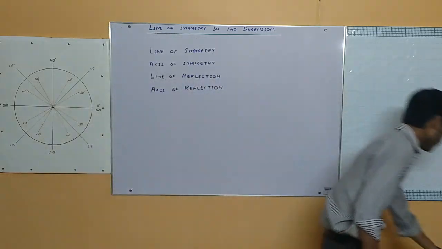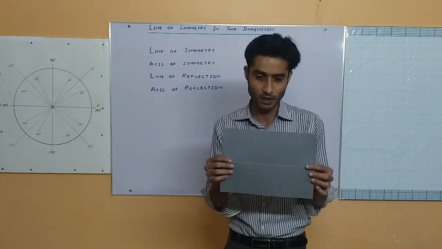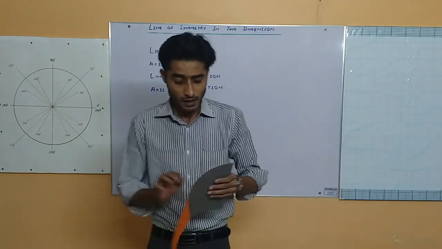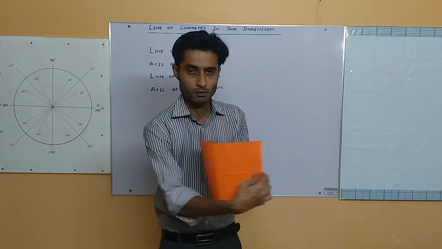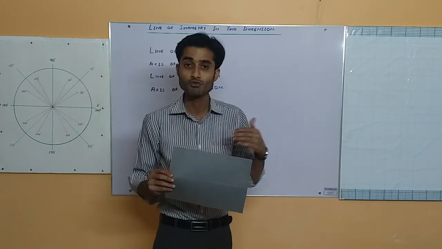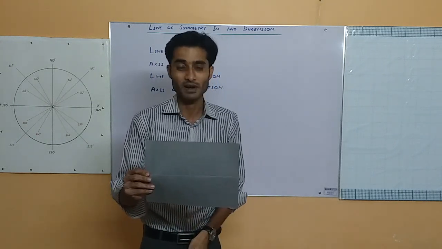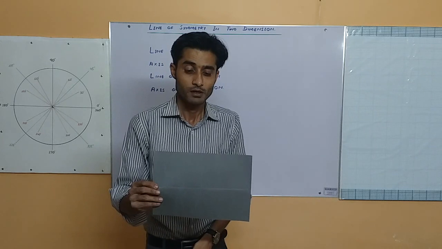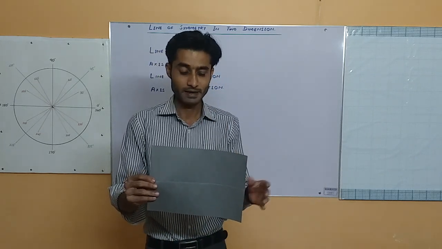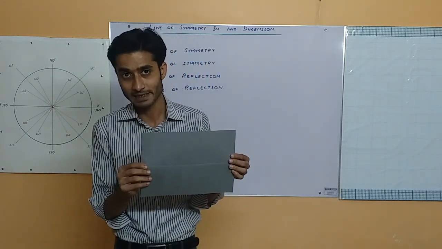Okay. For instance, if I have this rectangular shape here, the same one. This is gray from the front and orange from the other side. I have made the two shapes on purpose. So if I say that I need to draw a line or an axis along this rectangle at a place where if I fold this rectangle, the one half overlaps the other half completely.